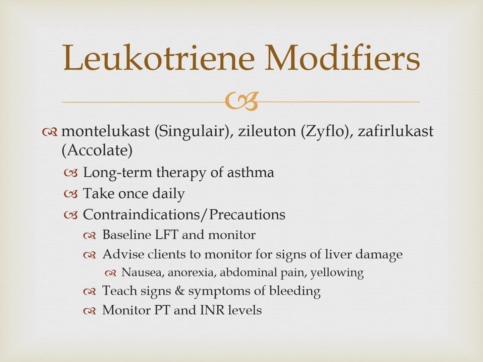Because this one affects the liver a little more than the other ones, you'll also want to monitor their PT, PTT, and INR, especially if they're on any comorbidity meds like Coumadin or warfarin, or Heparin, and Eliquis. We want to make sure we teach our patient the signs and symptoms of bleeding because the liver controls the clotting cascade.